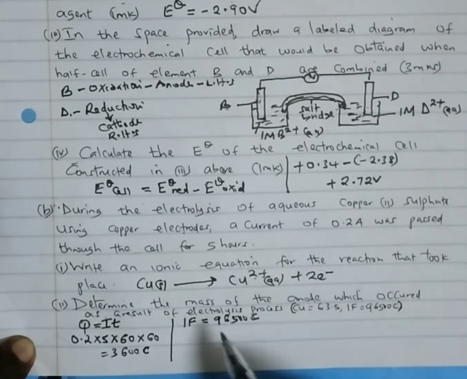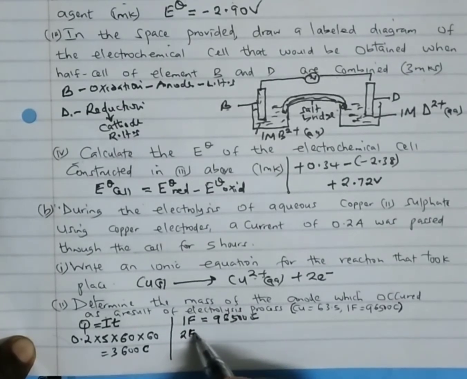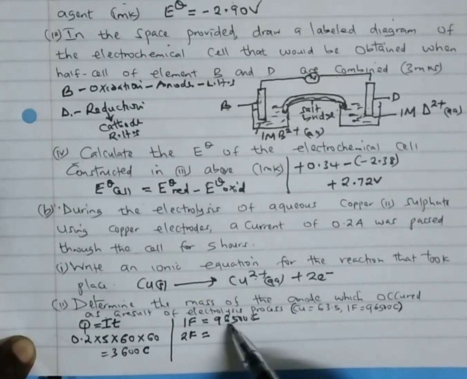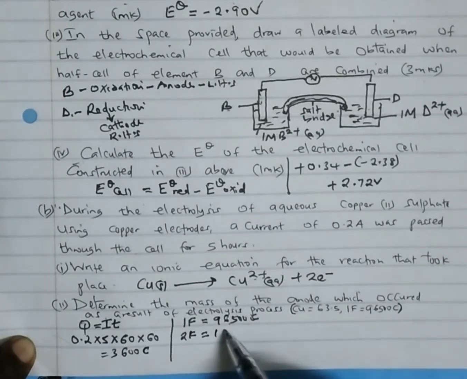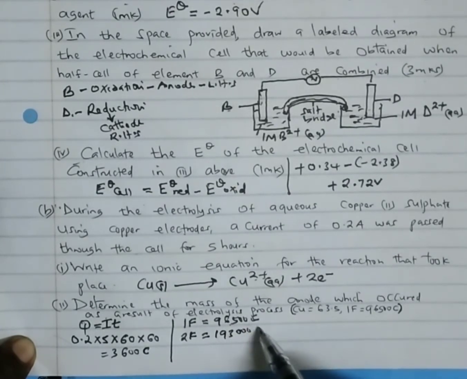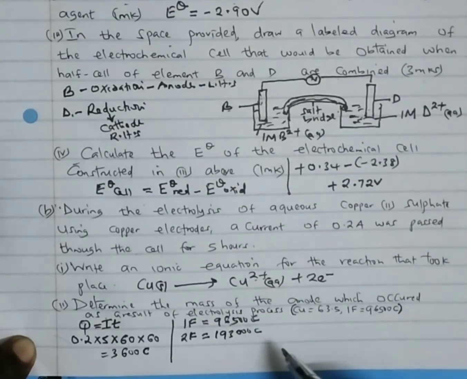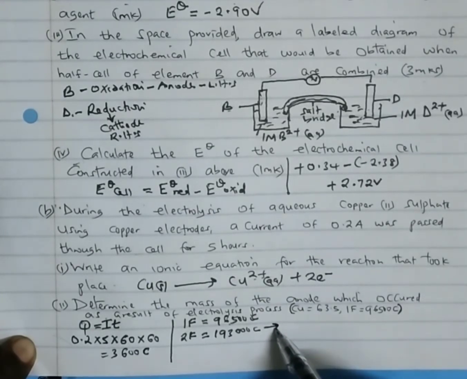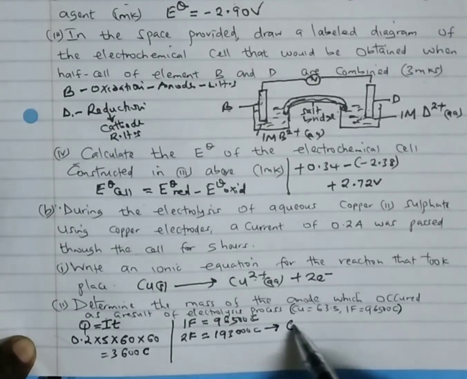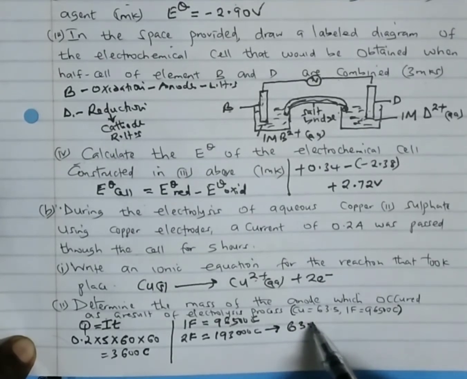If copper is losing 2 electrons, it means we have 2 Faradays, and 2 Faradays will be equal to 96,500 coulombs. You multiply by 2, giving us 193,000 coulombs. And we know 193,000 coulombs is the quantity of electricity required to deposit 1 mole of copper, and 1 mole of copper weighs exactly 63.5 grams.